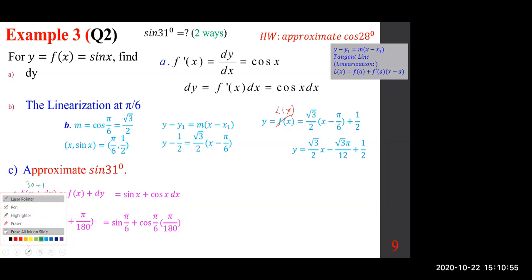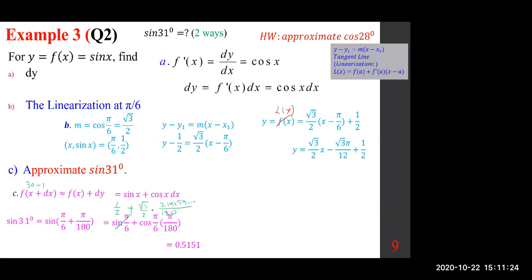In other words, you replace this one with 1/2, you replace this one with square root of 3 over 2, and then pi times pi over 180. Now, of course, you use a calculator, and as you can see, the answer is very close to 0.5. It's 0.5151. I hope everybody's clear as to what's going on here.